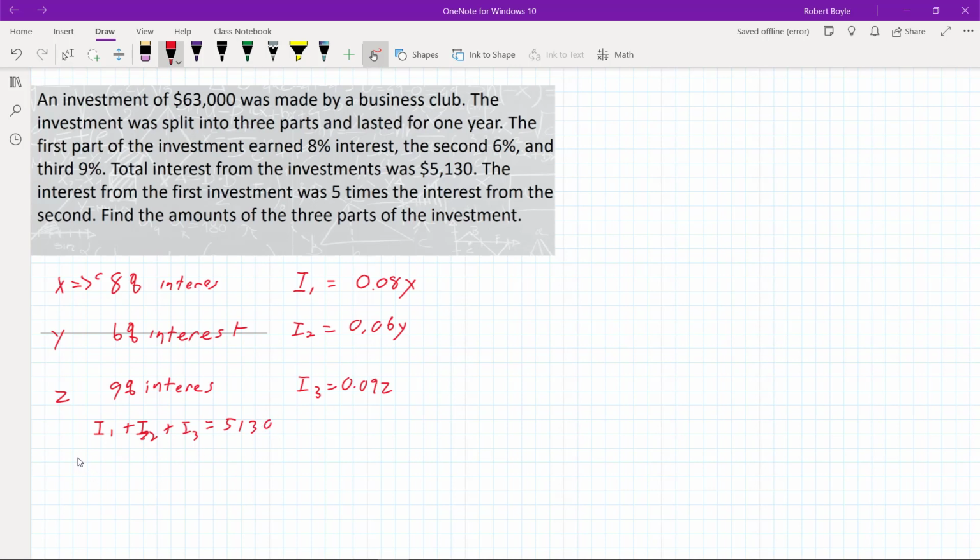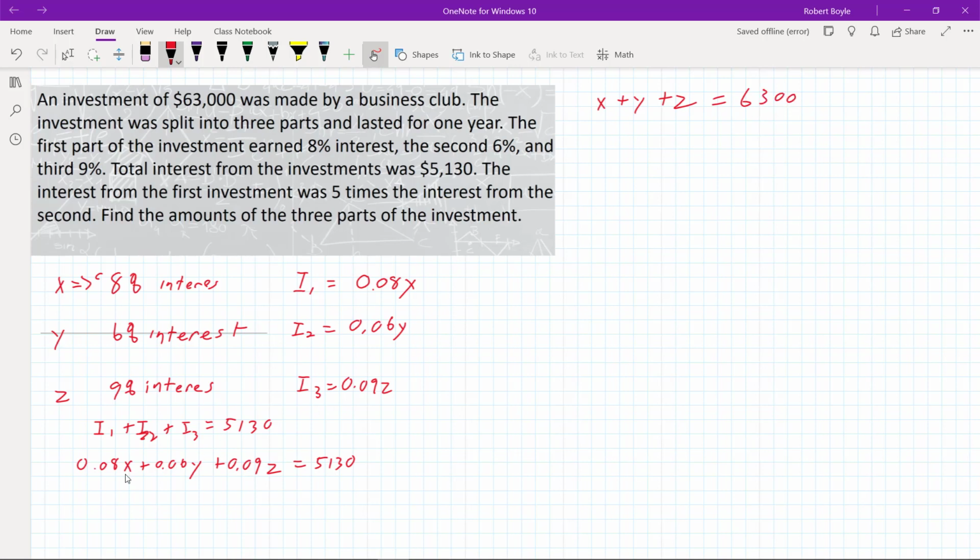Or more importantly, 0.08x plus 0.06y plus 0.09z is going to be equal to $5,130. So we have 2 equations. The first equation is that all 3 parts are going to add up to $63,000. So x plus y plus z is going to be equal to $63,000.